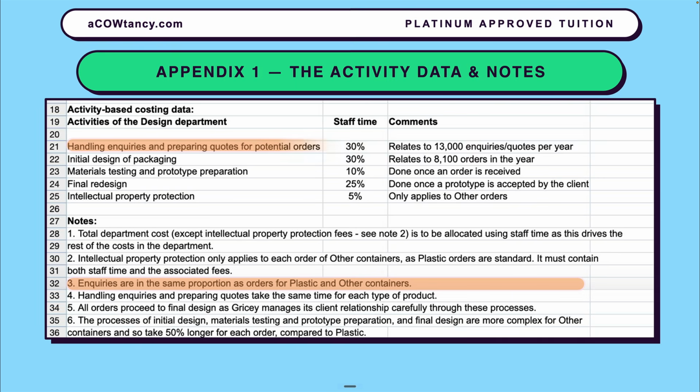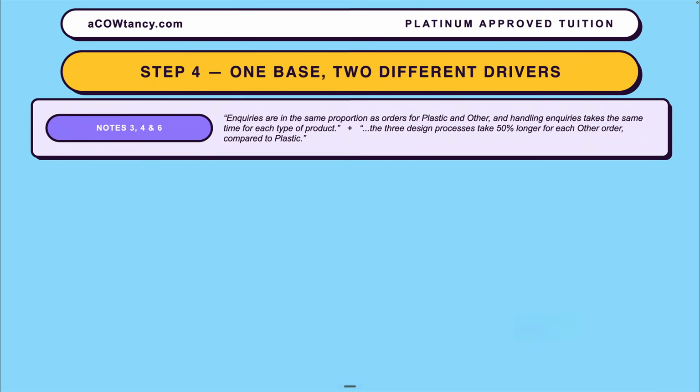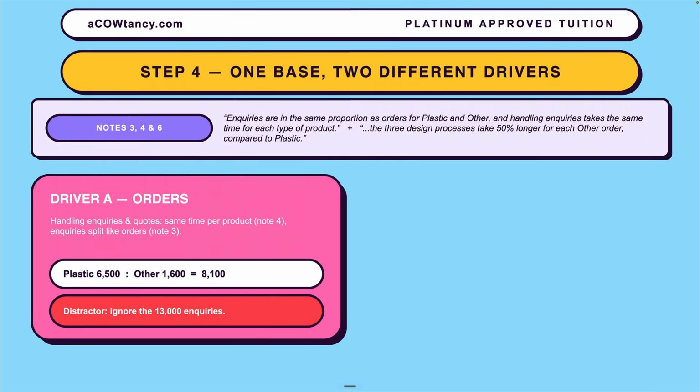The first one, handling inquiries, is 30%, and it says just do it in the proportion of orders. Don't worry about anything else. The other 3 get 50% more because it's for other. If we're doing it on orders, plastic had 6,500 orders, other had 1,600 orders, so a total of 8,100.